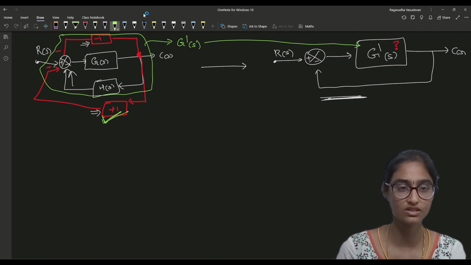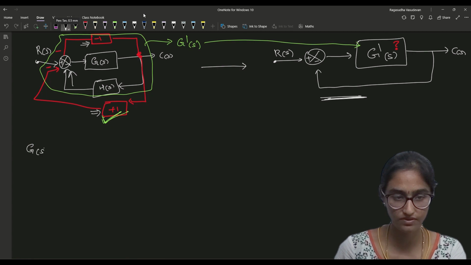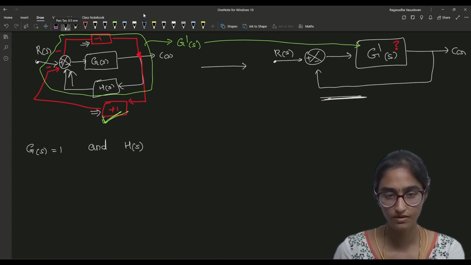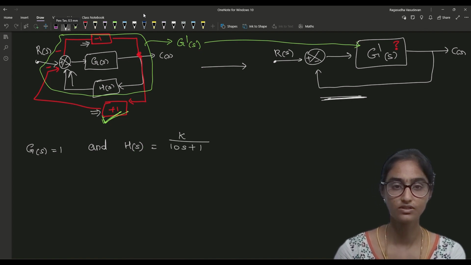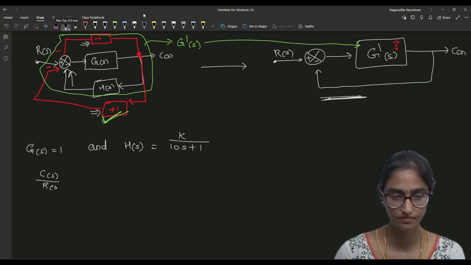In this problem, what is G(s)? G(s) is given as 1 and H(s) is equal to k divided by 10s plus 1. So what is the transfer function C(s) by R(s)?